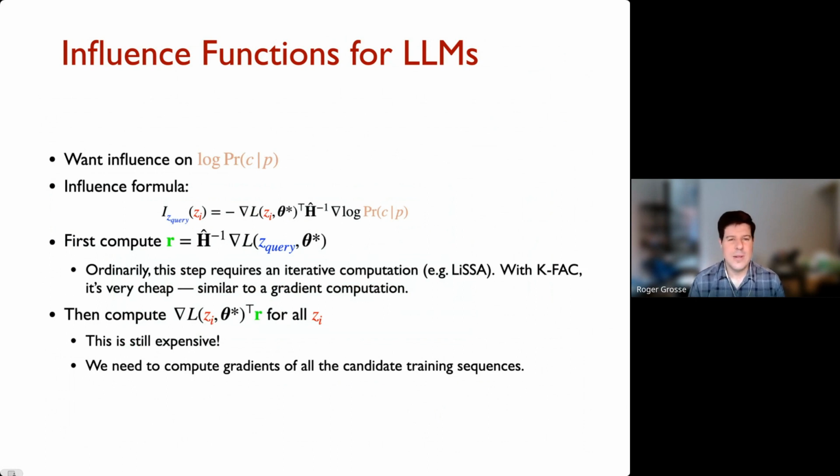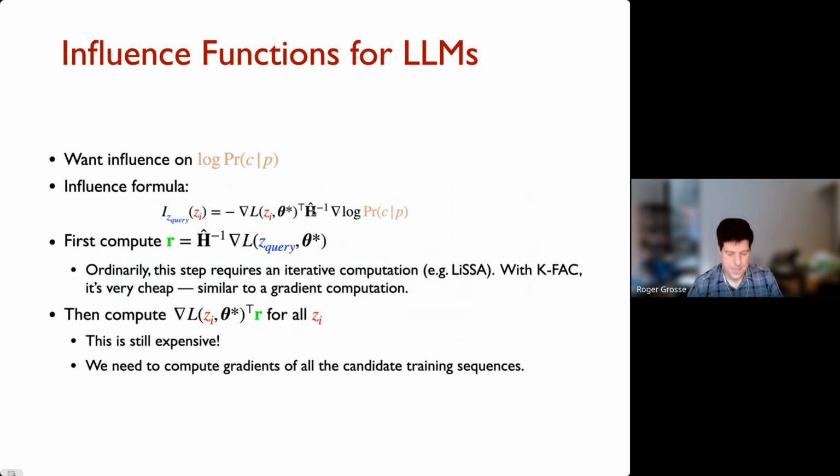All right, and so we're interested in finding training examples that significantly influence the log probability of a completion given a prompt. And so the formula for the influence, right? We're interested in finding training examples that influence the probability of this query.